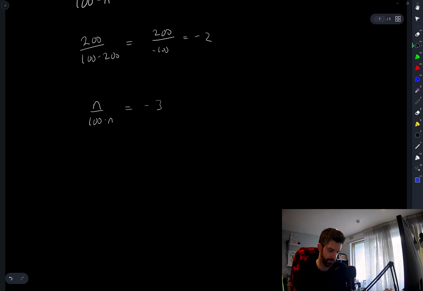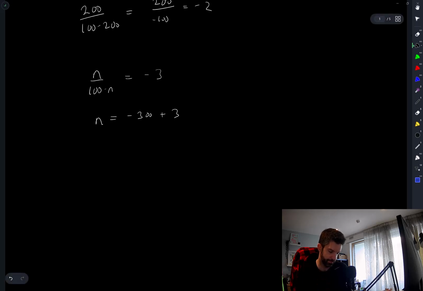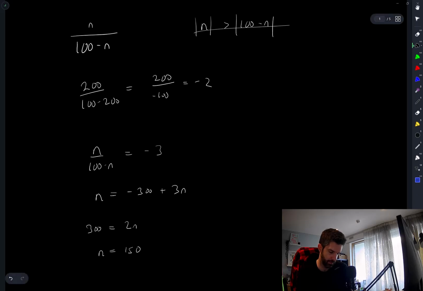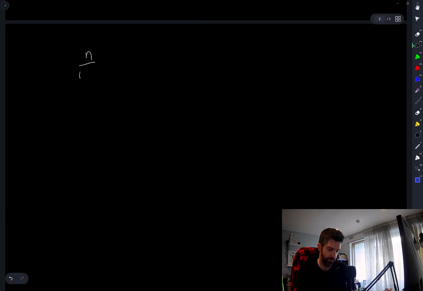Is that possible? I might have just figured out a good way of solving this question. n equals 150. Yeah, that makes sense. Okay, so let's say n over 100 minus n is equal to an integer k.